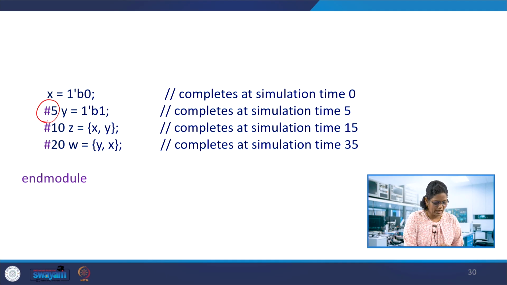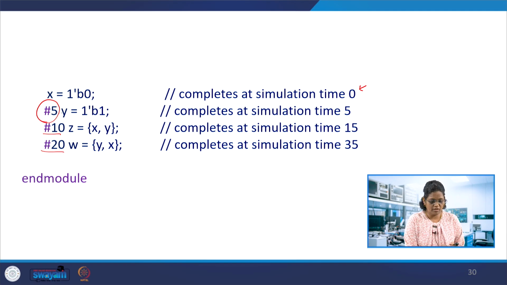So what is happening here? If we give this timing control, it is just pushing the evaluation itself. If you allow the timing control at this point, that is #5, the evaluation itself gets late. So at time 0, x is getting 0, that is completed at simulation time t equal to 0.